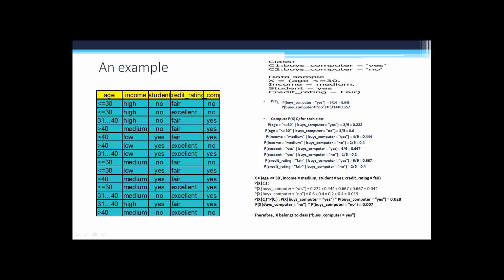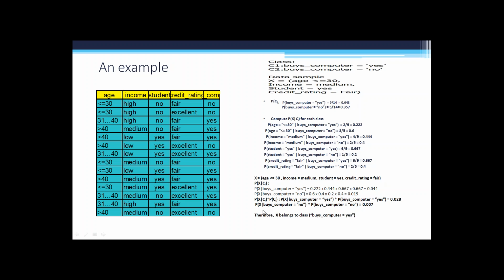The posterior probability given that computer buying is yes is 0.044 into 0.643, which is 0.028. Same way with reference to computer equal to no, it is 0.019 into 0.357, which is 0.007.